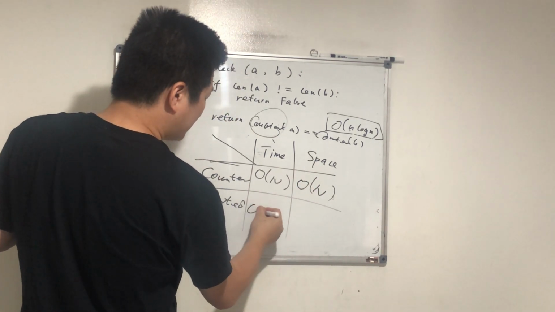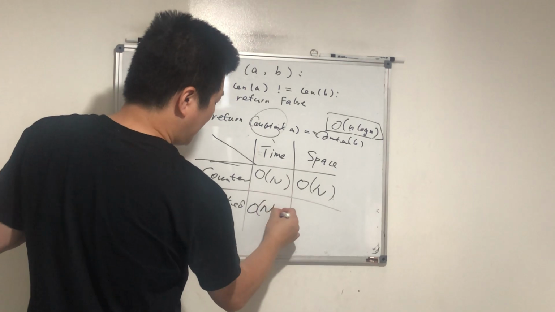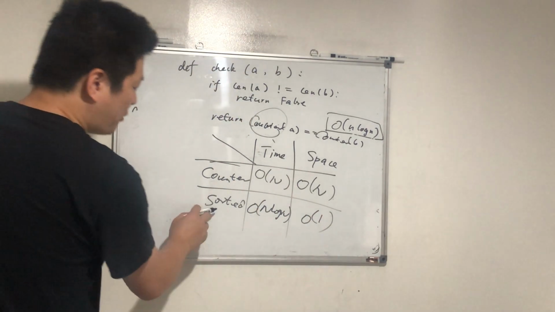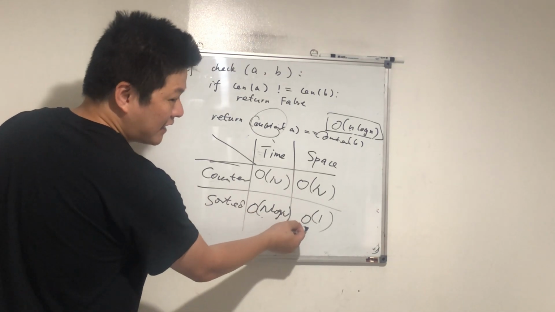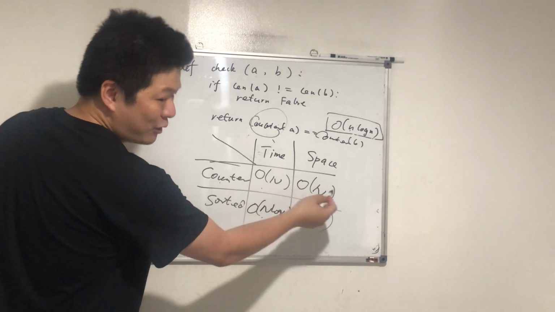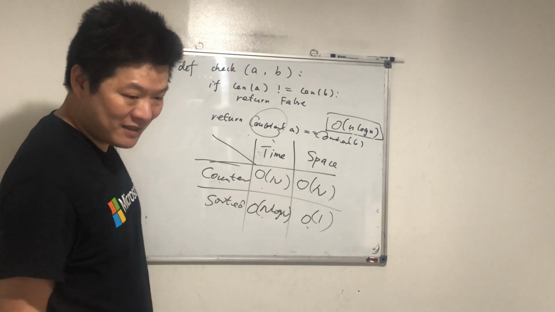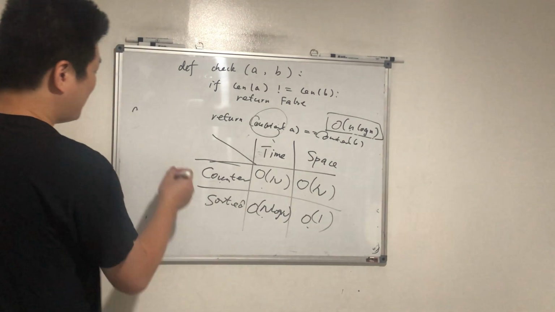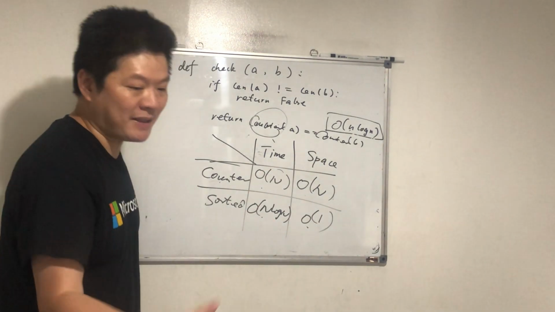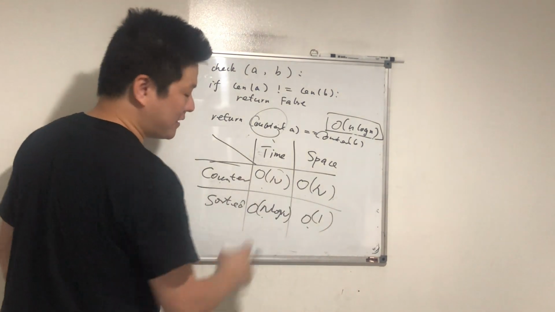Sorted, time is O(n log n), space is O(1). So sorted is slower but uses less space, memory. Counter is faster but uses more space. Okay? Got it? So the lower the complexity, the better, for both time and space.